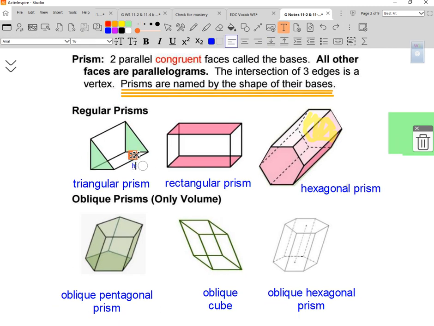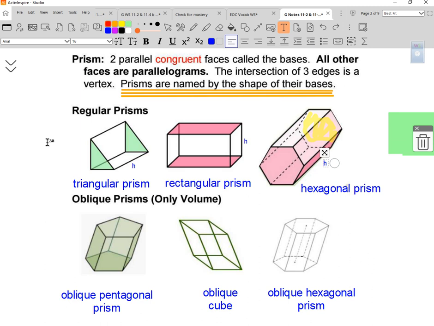That's the height of the rectangular prism. On this one, this is the height. On this one, this is the height. Another way to think about it is the height of a prism is how tall it would be if it were standing on one of its bases.